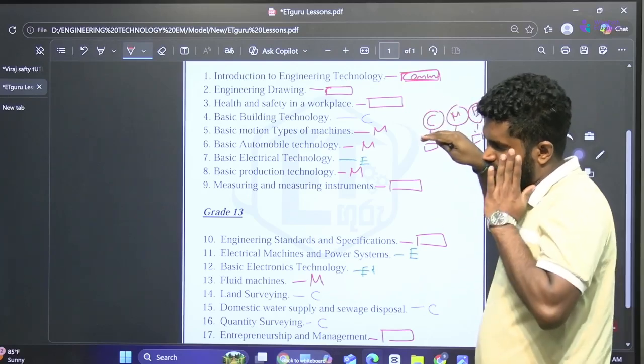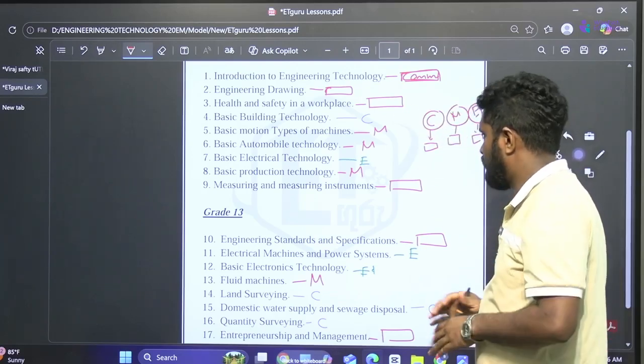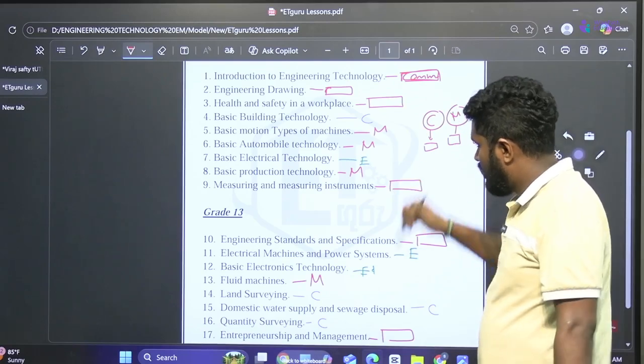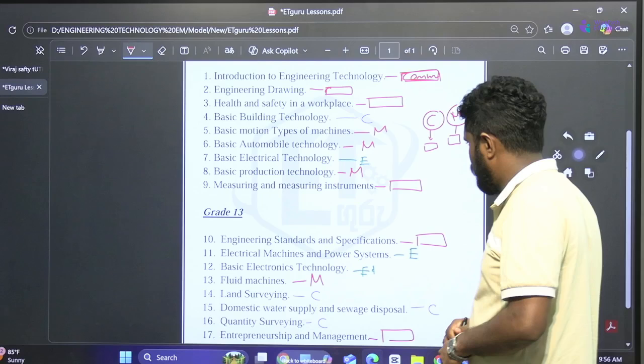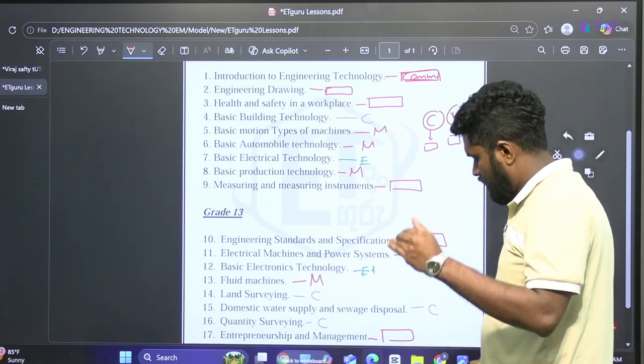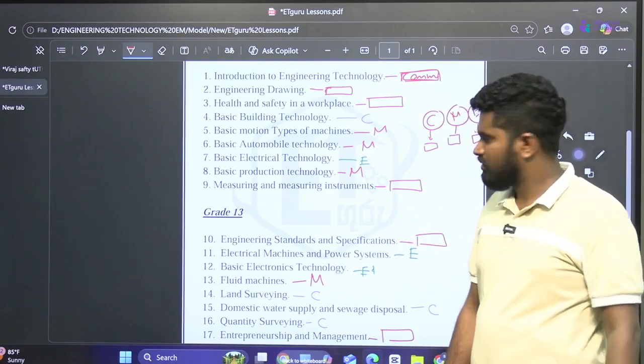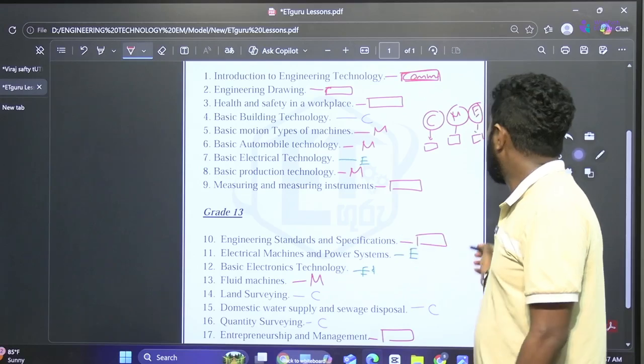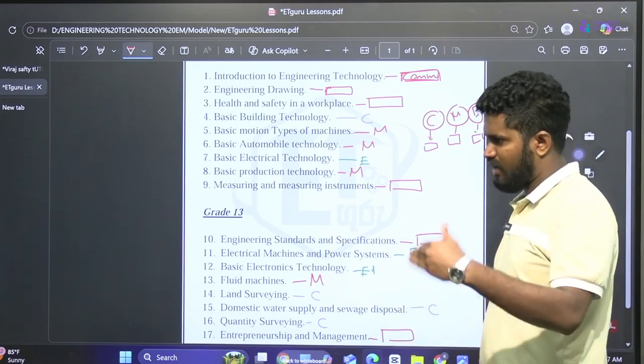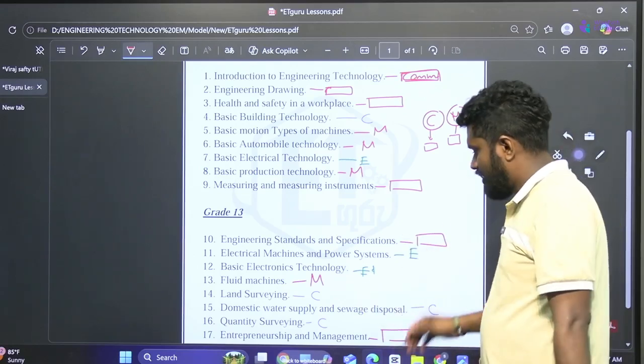We work with electricity and machines, no? That's why we discuss safety. And we have to have an idea about measuring and measuring instruments, how to do a measurement, and how to select the suitable measuring instrument. And we have to do the production process to standard, and we are targeting entrepreneurship.